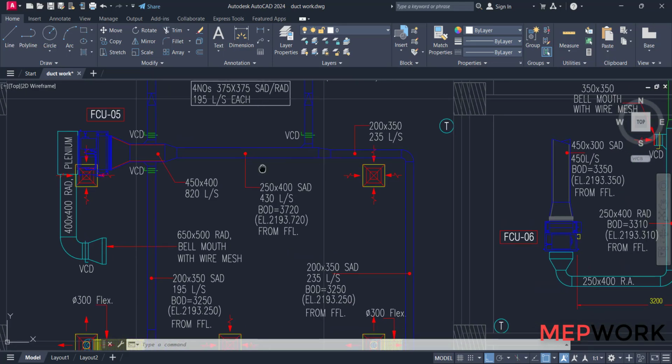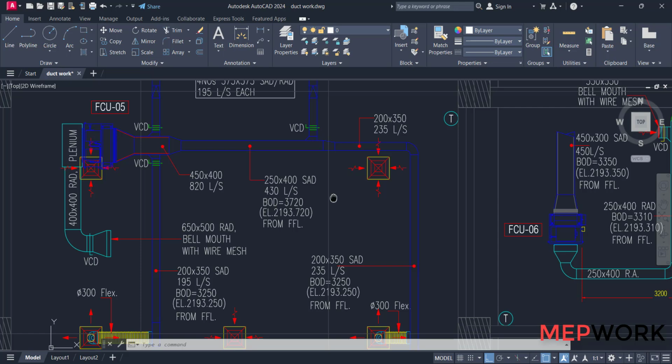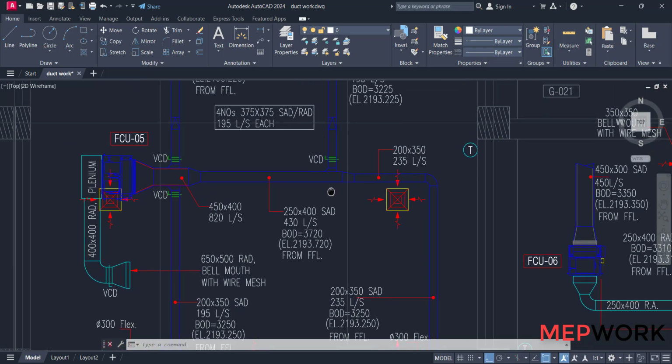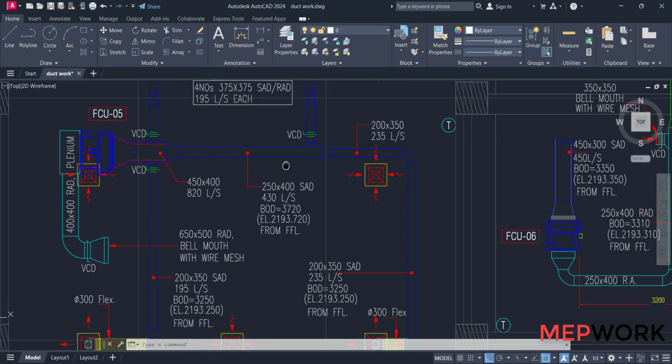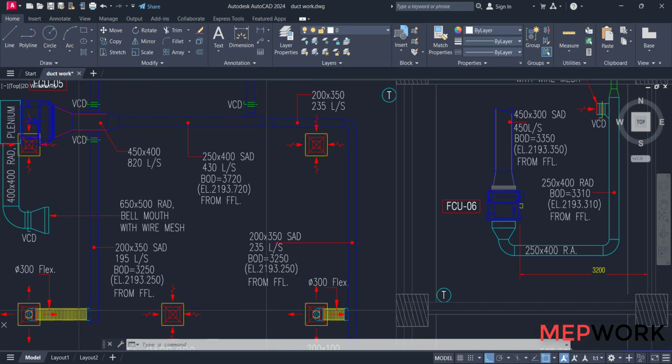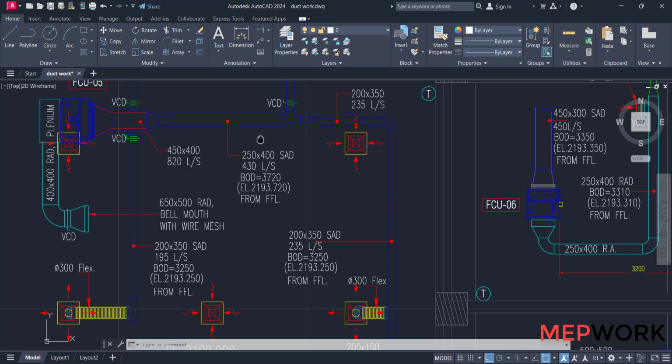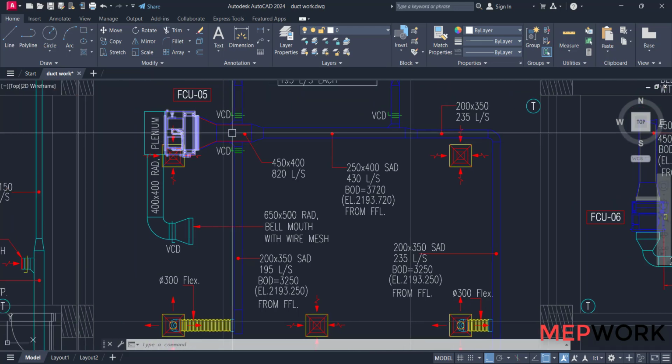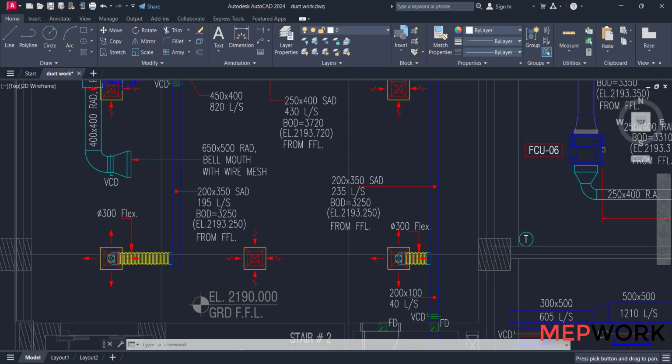The first step for calculating duct friction loss is to determine the critical path of the duct. You can always determine it by experience, but if you are confused about two paths, you should calculate the two paths and take the higher static pressure. In our example, this will be the critical path.